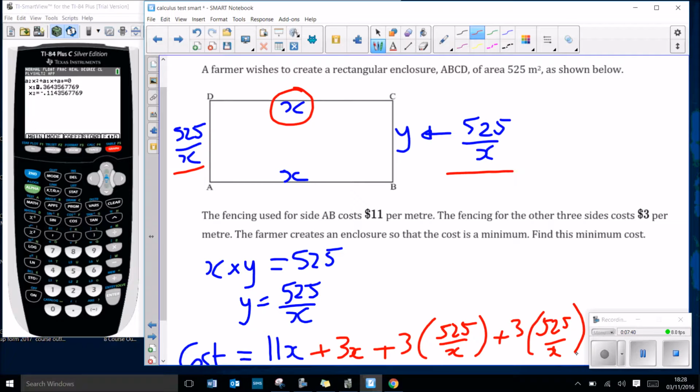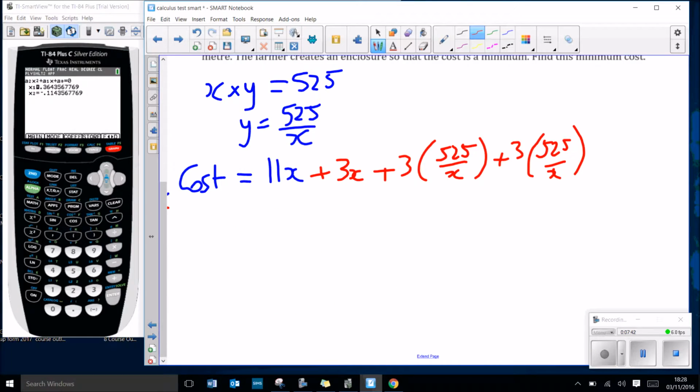Let's simplify this. So we've got 14x here plus, you've got choices here.